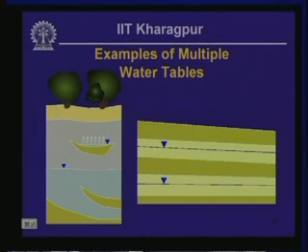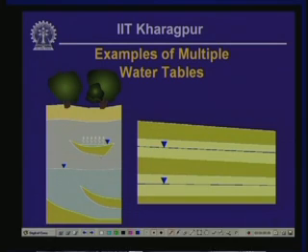Okay, to illustrate what I meant, I have two cartoons here. On the left, you can see that there are impervious layers, indicated by a greenish shade.